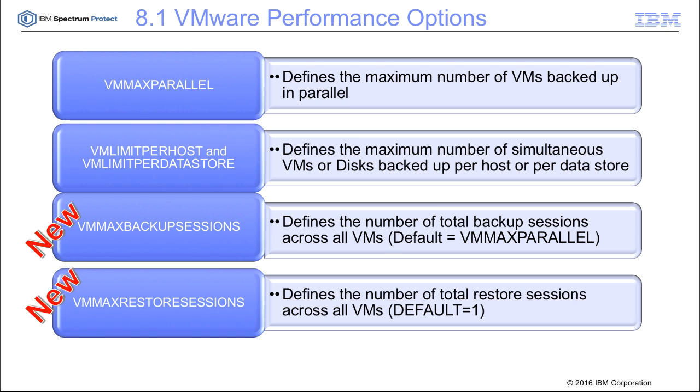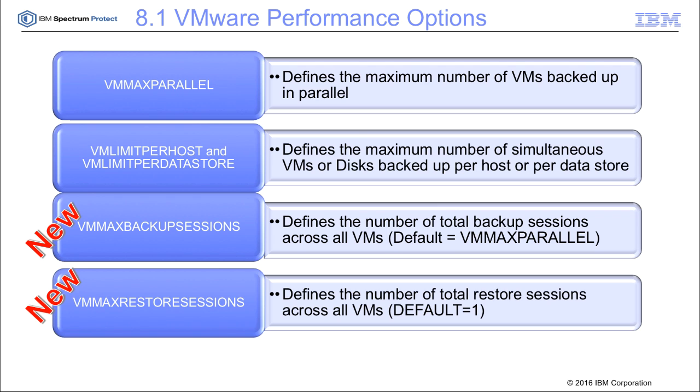Now, the implementation of this is based on options in the data mover. As you can see from this chart, we already had VM max parallel, VM limit per host, and VM limit per data store that controlled the maximum number of VMs backed up in parallel and the maximum number of simultaneous VMs and disks backed up per host and per data store.